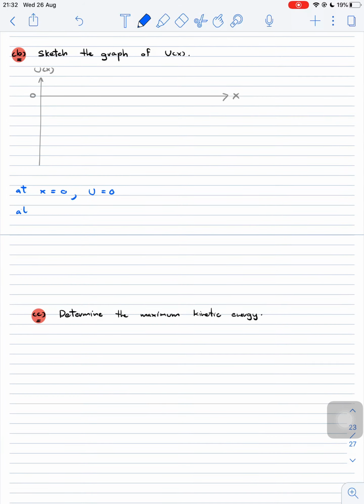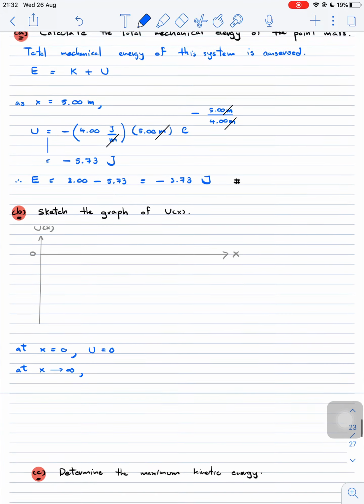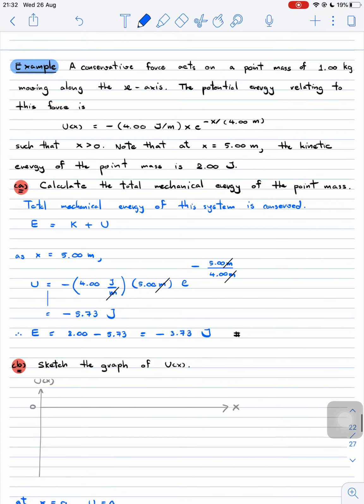So now let's find when x goes to infinity. When x goes to infinity, this x goes to infinity and this one goes to 0, because we have e to the negative infinity, which goes to 0. Now we have this infinity and we have the 0 here, but which one will tend to 0 or to infinity faster?